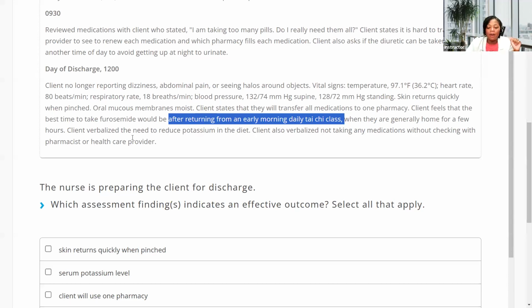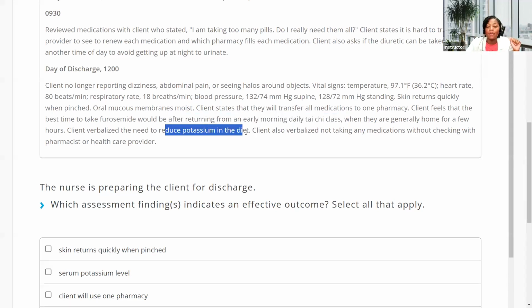Client verbalized the need to reduce potassium in the diet. Client also verbalized not taking any medications without checking with the pharmacist or healthcare provider. All right. So that's a pretty decent note there.